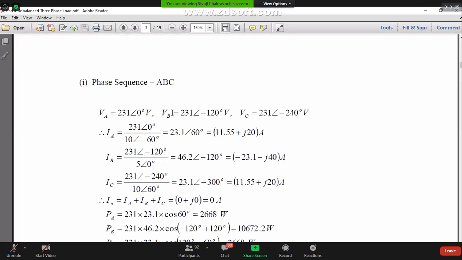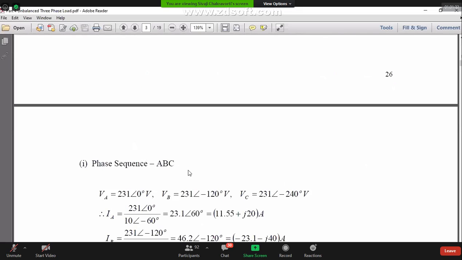Even if there is a neutral current, there is no voltage drop in the neutral, which means the source neutral and the load neutral will have the same voltage. As I said, this is an impractical assumption, but still that is what we are assuming. Now, the source is balanced. Therefore, the source neutral is at earth potential, that is 0.